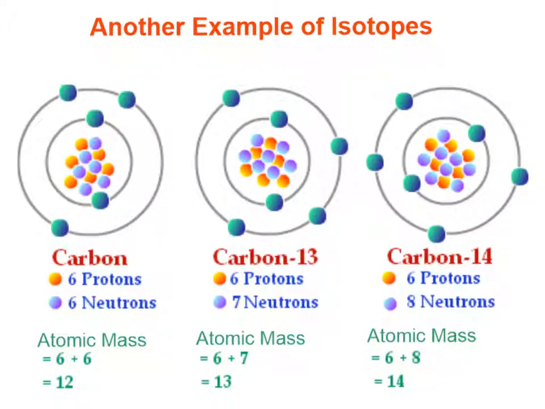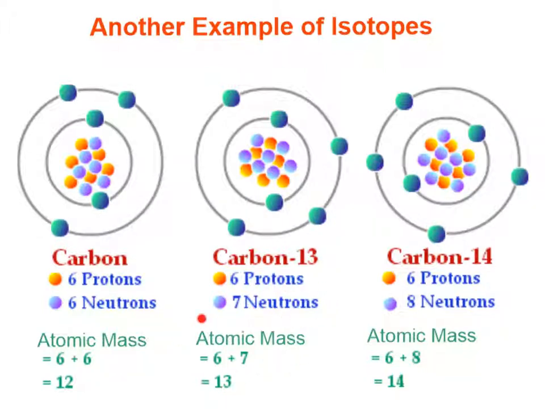Here are some isotopes of carbon. Here is carbon 12 because it has 6 protons and 6 neutrons. So its atomic mass would be 6 for the 6 protons plus 6 for the 6 neutrons. That gives us atomic mass of 12. Here, an isotope of carbon is carbon 13 because it has 7 neutrons instead of 6.